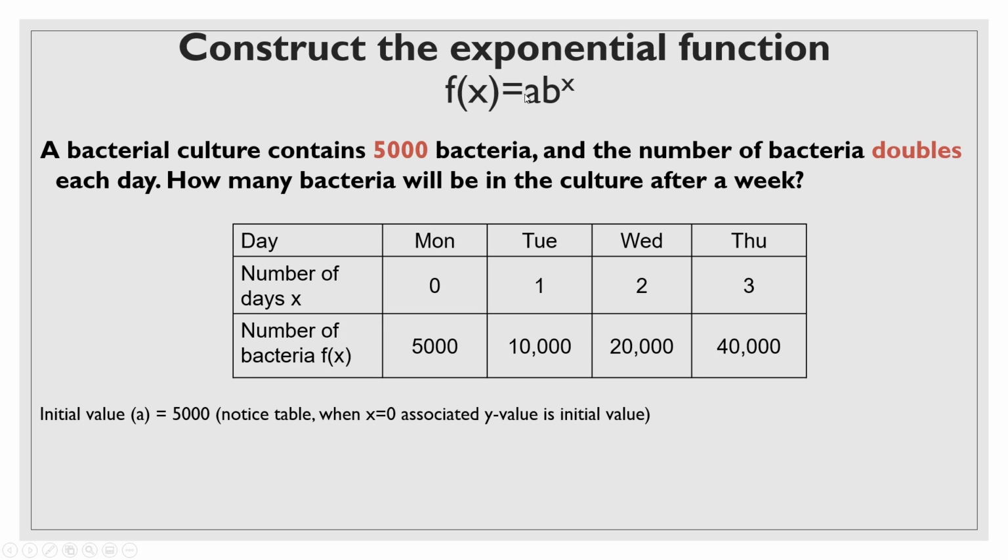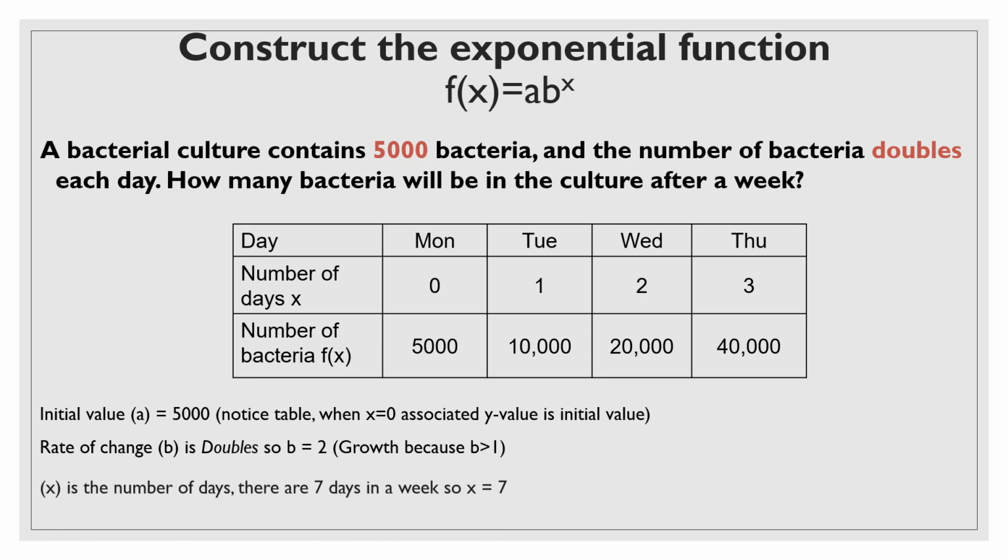If x is 0, y is 5,000. So a is equal to 5,000. Now, the rate of change, which is our b, doubles. Since at each day the number of bacteria doubles, then our b is 2. Since it doubles every day, it is growth.